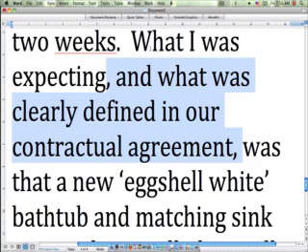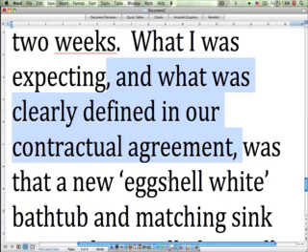So if you read, what I was expecting was that a new eggshell white bathtub, this sentence is fine without this middle part. So this middle part is sort of like an extra little side idea that we're also reminding the reader of.